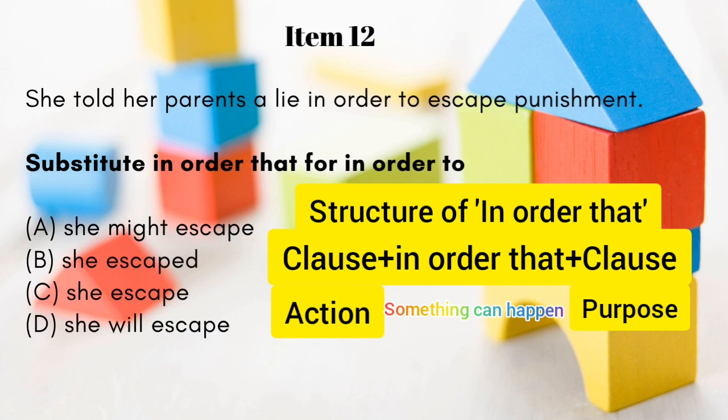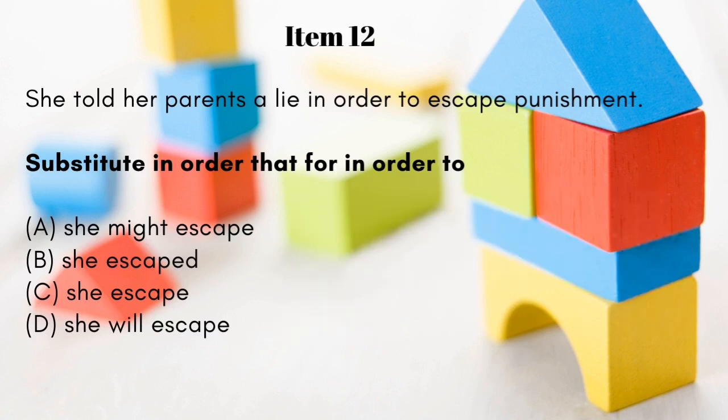The first clause shows action. In order that shows that something can happen. It's a possibility. The second clause shows purpose. So the action that she did was lying. The purpose of lying was to escape punishment.